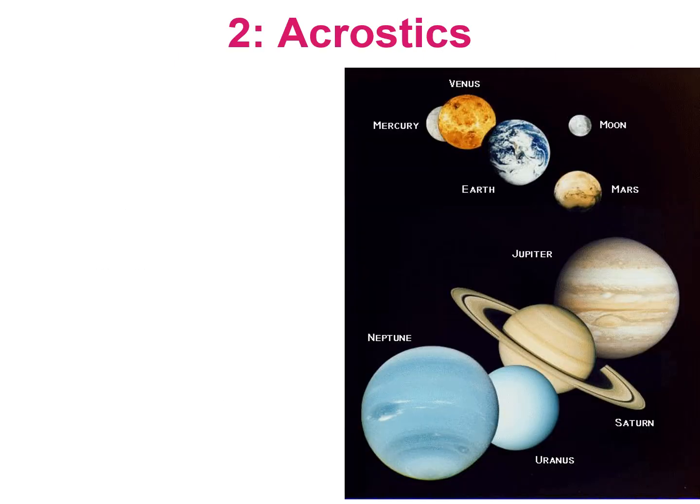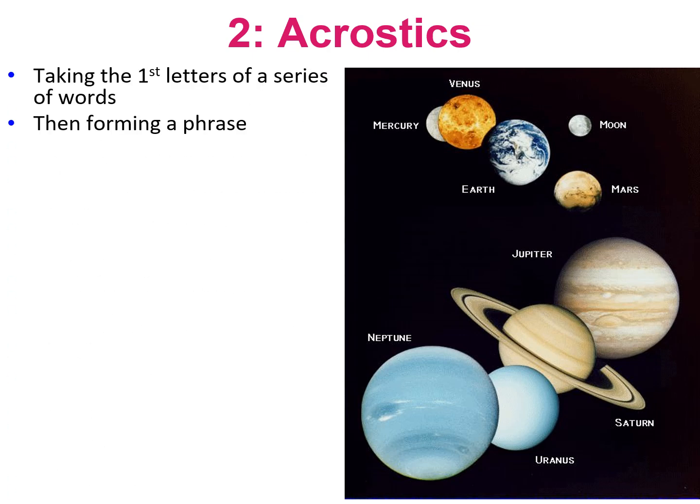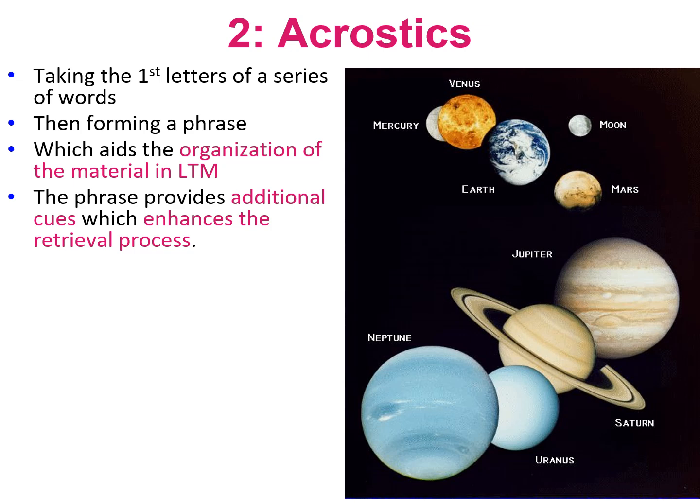So acronyms form a pronounceable word using the first letters, as opposed to acrostics, where we take the first letters of a series of words, we form a phrase that's memorable, and that enhances the organization of material in LTM. In other words, it enhances the encoding. So again, I mentioned that on the previous slide. So therefore, when we need to retrieve the information from those series of words, the first letter acts as a cue that assists that retrieval process.